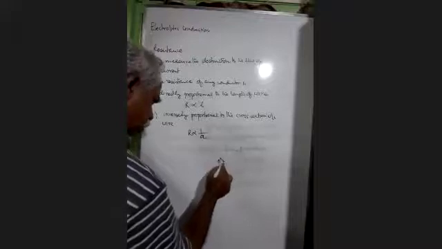See, suppose this is your school, you want to reach. If someone stays here and someone stays here, he will find more obstruction because the road is long. The road is long, there will be more friction. You'll have more inconvenience to reach. The person who is nearer, distance is less, for him obstruction is less.